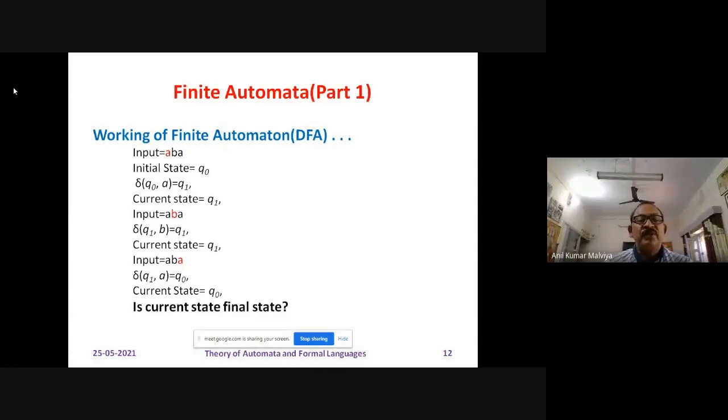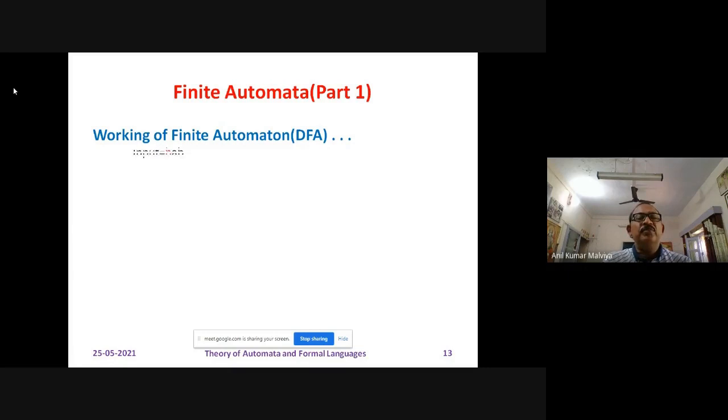Is Q0 a final state? You can see Q0 is not a final state. It means the string is rejected by the machine. The word is not accepted by the machine.